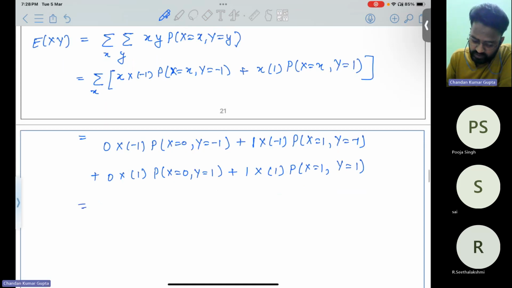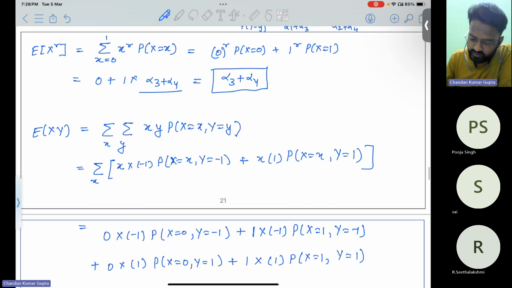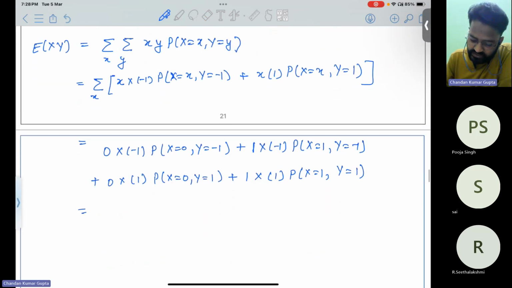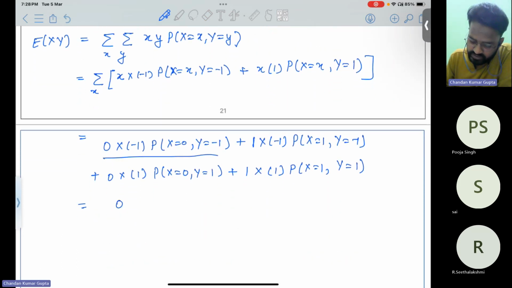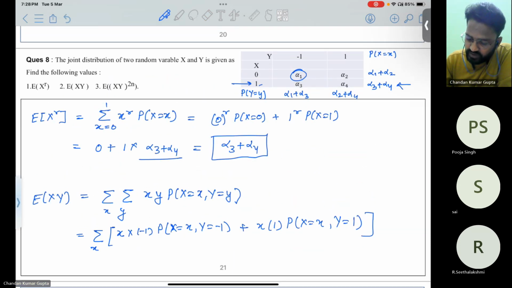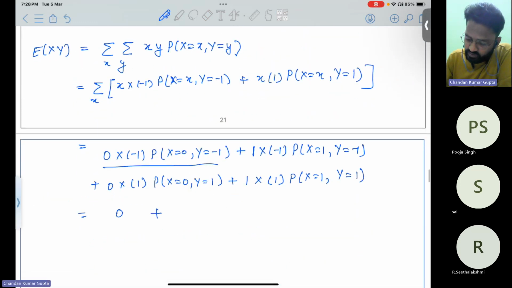The probability that X is 0, Y is -1 is alpha 1, and it is multiplied by 0, so it comes out to be 0. Then X is 1, Y is -1 is alpha 3, so this comes out to be minus alpha 3.